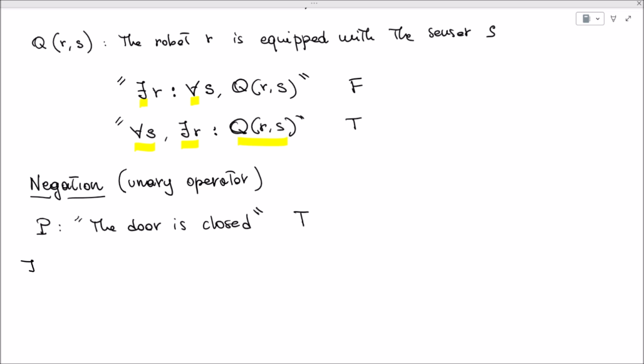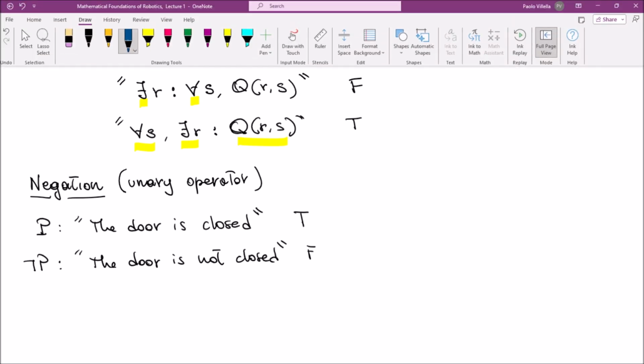The negation of P, which is represented by this symbol, the unary operator negation applied to P, is building a new proposition, not P, which is now: the door is not closed. And of course, if P is true, not P is false. Of course, this is inverted.